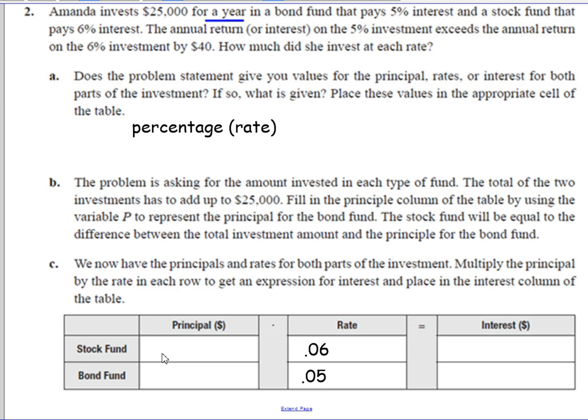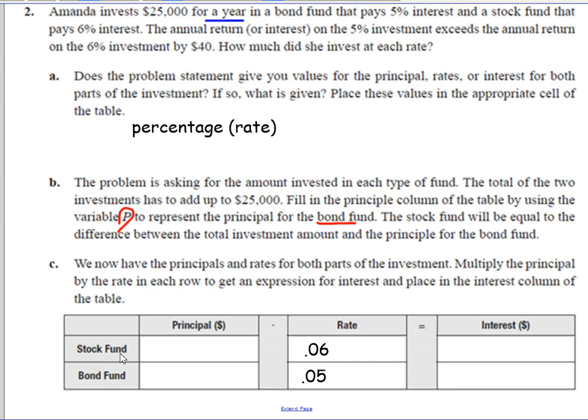So just like before with the total of 6 hours, we're going to assign one of these funds a letter, and the other one is going to be the total minus that letter. That's always going to be the setup that you're going to have for these problems. In this, it asks us to use P for our unknown for principal, and it says to represent the P for the bond fund.